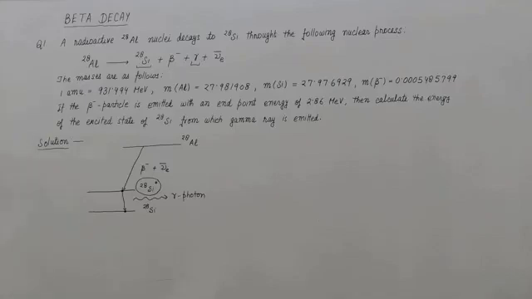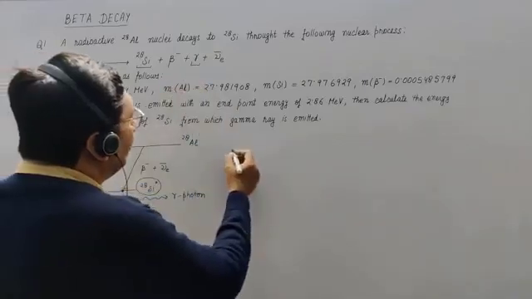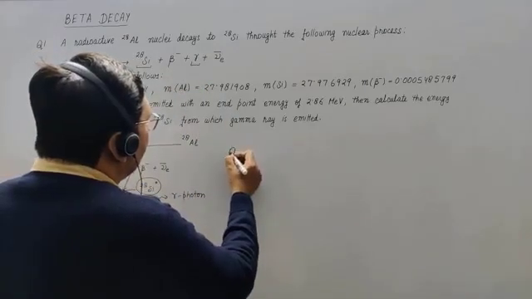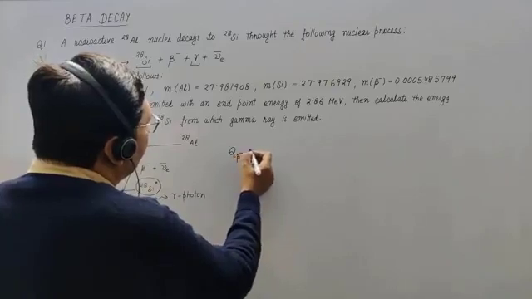Here we are going to use the concept of Q value. How much energy will be released in this equation? So what will be the Q value of this beta minus process?